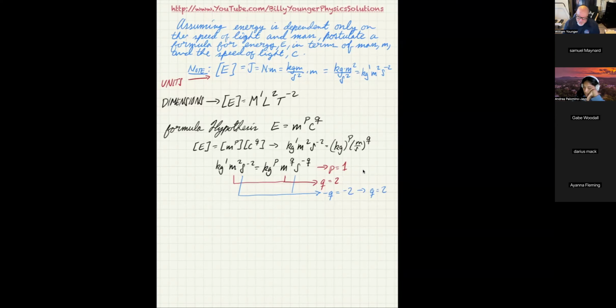And by doing this, I've found no contradictions with each other, and it does seem to work. So guess what? Our formula for energy is E equals m to the first power times c to the 2 power, which means E equals mc squared, which is exactly the equation that Einstein came up with.